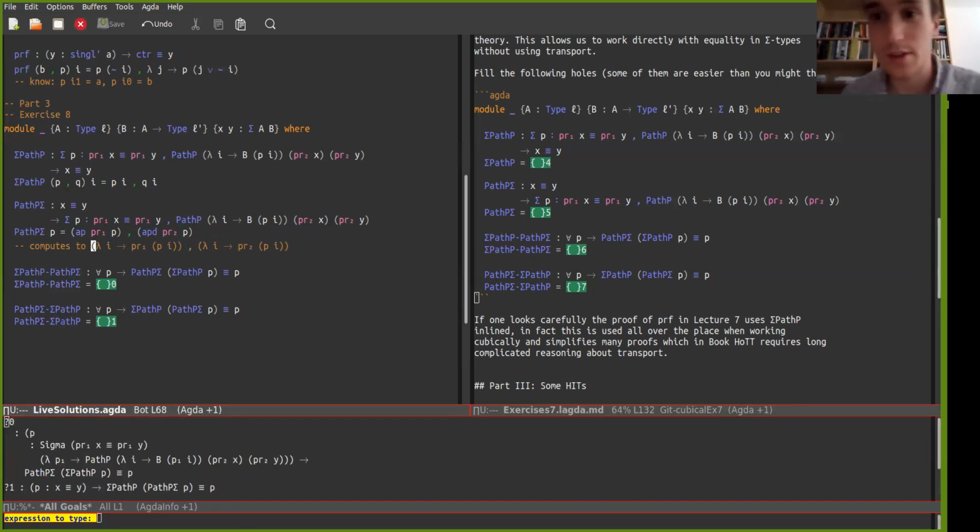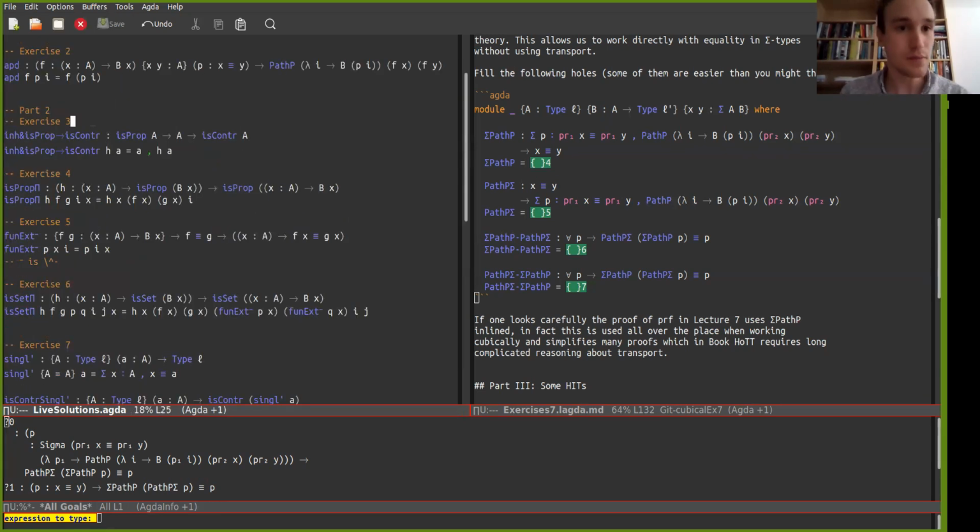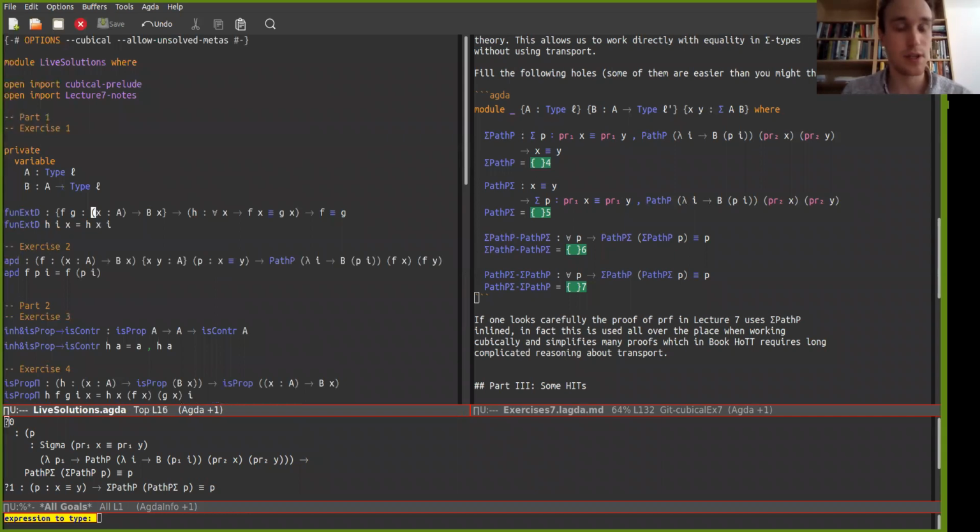And then there was a question: how come the real library, so I guess that means the Cubical Agda library on GitHub, FunX can be the dependent one, but we need separate ones for app and app D? Okay, if we go to funxd, the way functions are defined is that they are just dependent functions where the second argument stays constant, right?